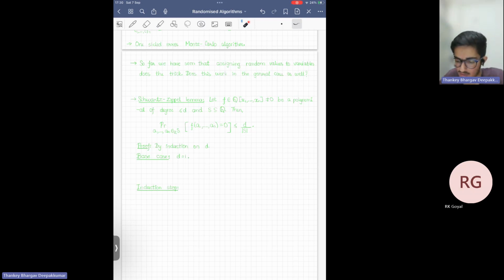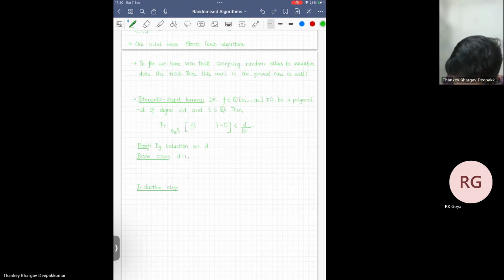Let f be a non-zero polynomial over the rationals in n variables, and let its degree be at most d. And let S be any subset of Q. Again, AIs might create confusion because sometimes I use them for coefficients, so let me just use C1 to Cn.